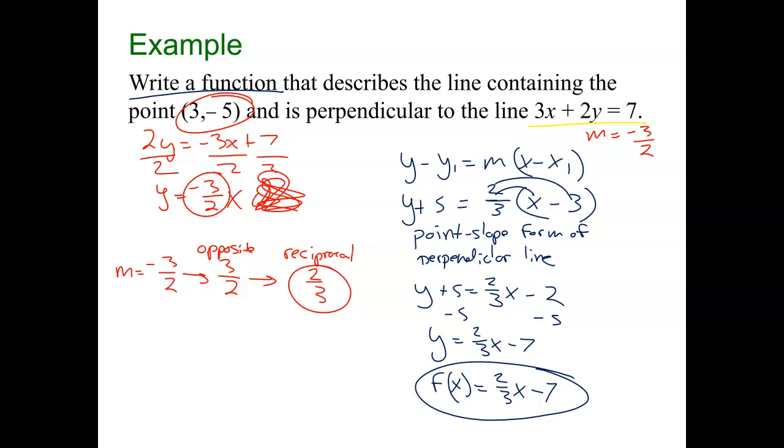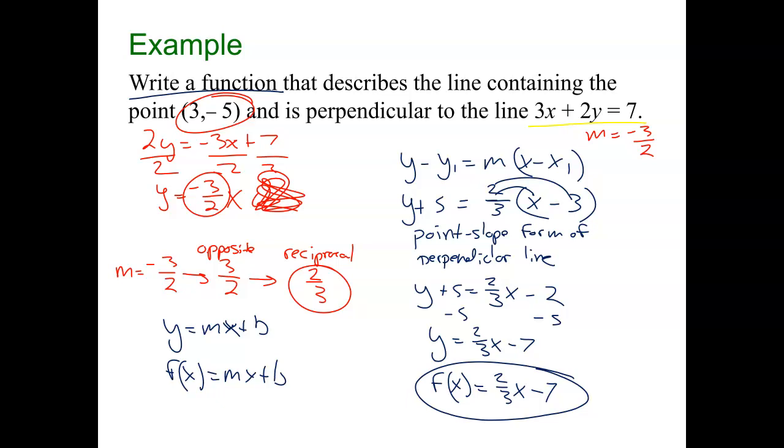And then we have to simplify the equation. So function notation is almost identical to slope-intercept form, except it's f of x instead of y. So we have to get y by itself, slope-intercept form, and replace it with f of x.